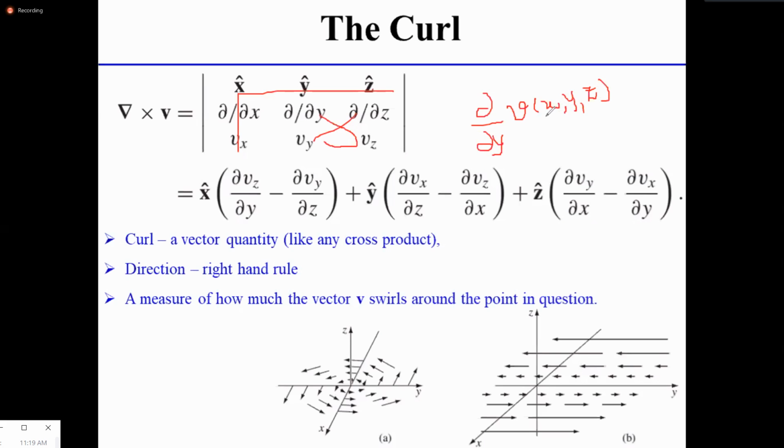When you are considering del over del y, it means you are considering y and z to be constant.